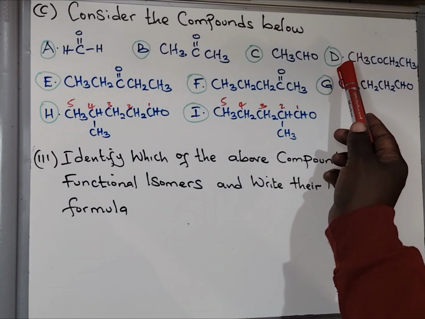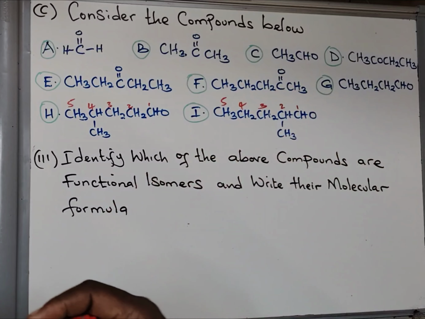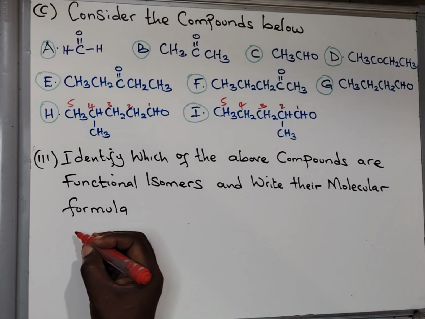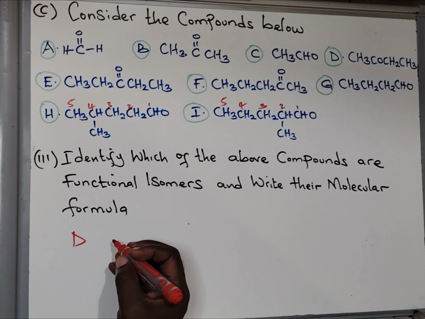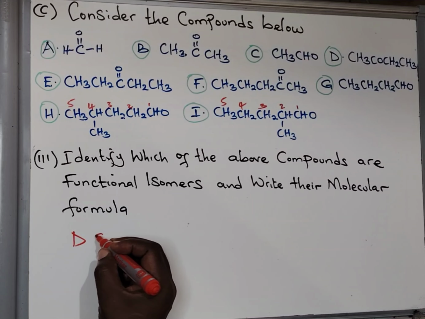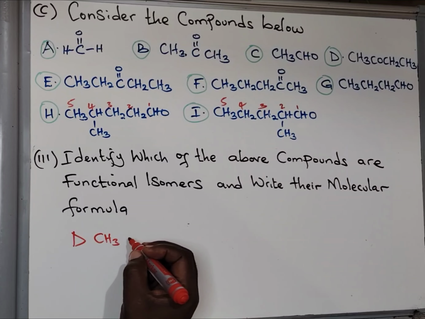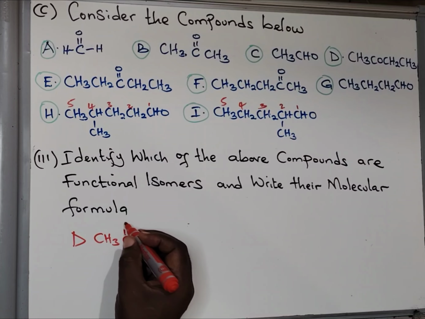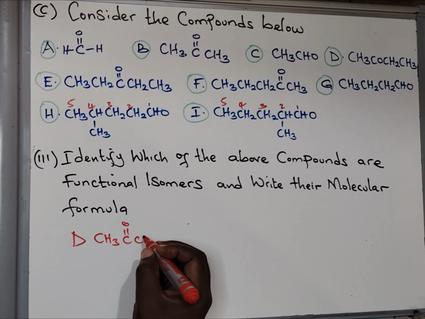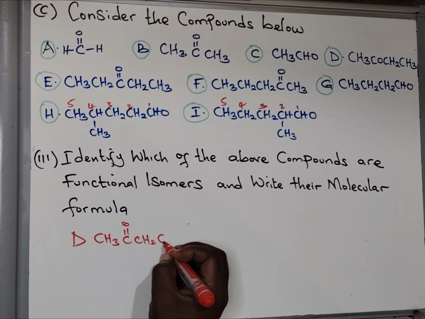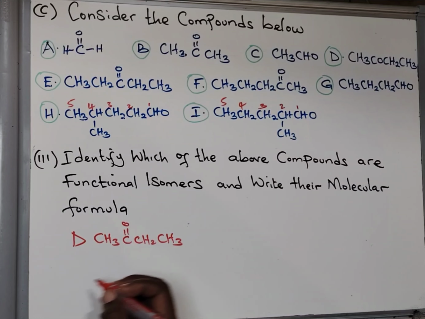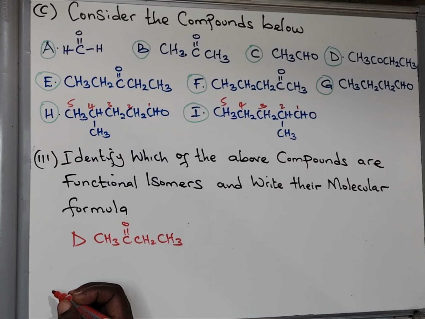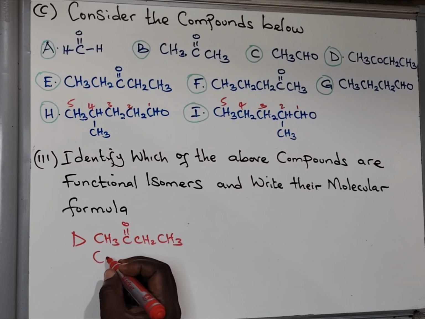And we locate them as D and G. When you look at D, this is what you have: CH3, C double bond O, CH2, and CH3, which is butanone.